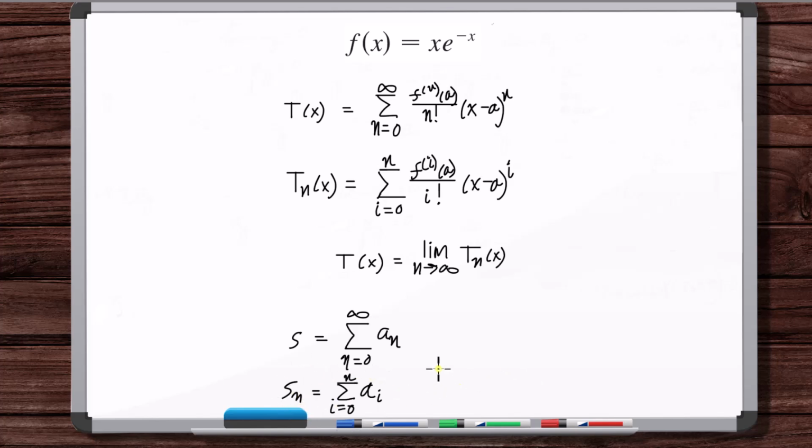If you could actually find a partial sum formula, like we did for the geometric series, then you could take the limit as n approaches infinity of that formula and see if the series converges and what it converges to. Or if you couldn't, you could use the partial sum formula with n equal to 10, 20, and get an estimation of the infinite sum.